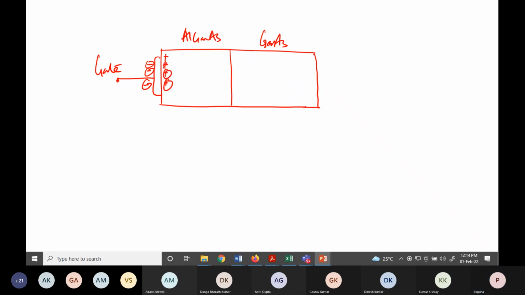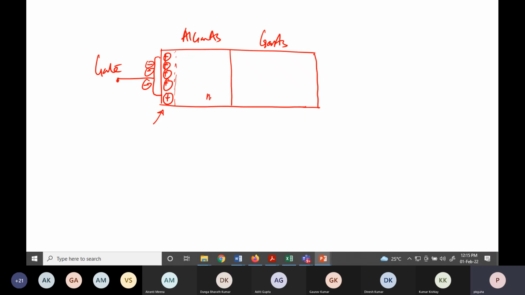Positive immobile ions will be developed here. So this depletion region is because of the Schottky junction. Okay, so this depletion region is because of the Schottky junction, right?